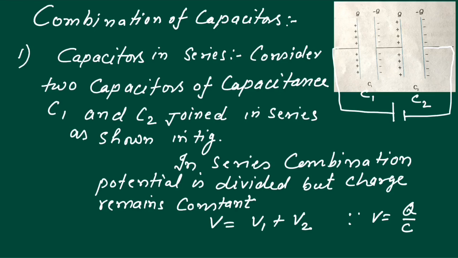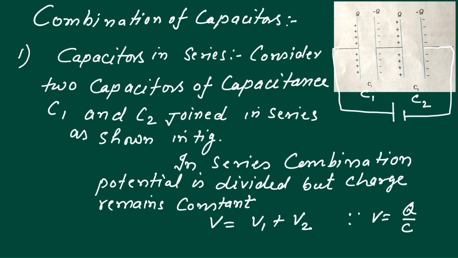When we give the positive charge to the left side plate of the capacitor C1, then by induction negative charge is developed on the right side plate of the capacitor C1, and the positive charge developed, because these are neutral in nature, is repelled to maximum distance and then attracted towards the negative charge given to the right side plate, which is connected to the negative terminal of the battery.